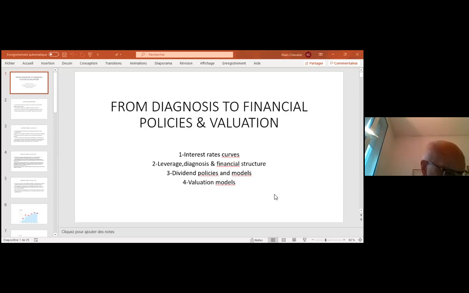Second session was about financial analysis and how to use it in the calculation of financial need or financial resources and the design of a policy.